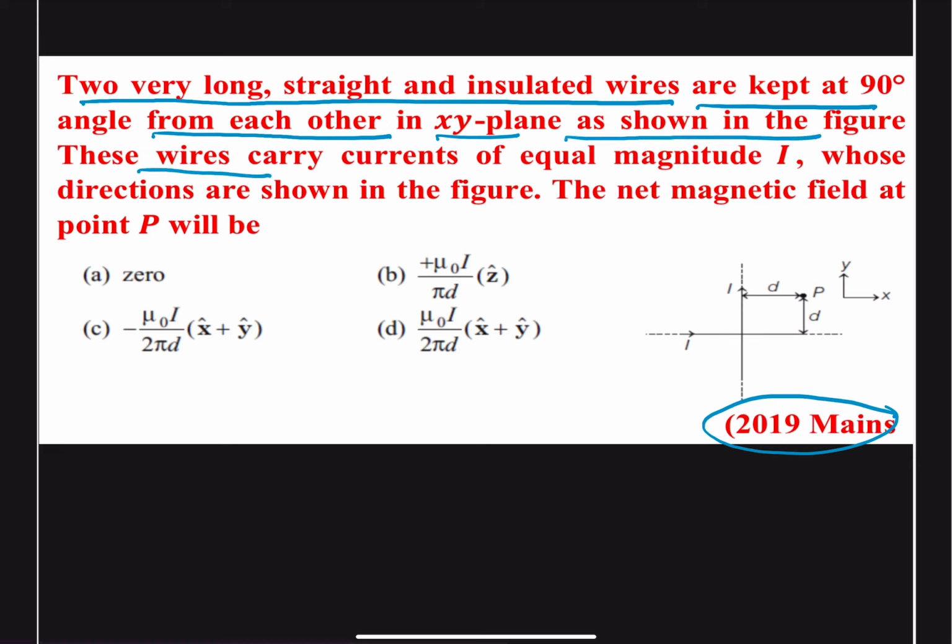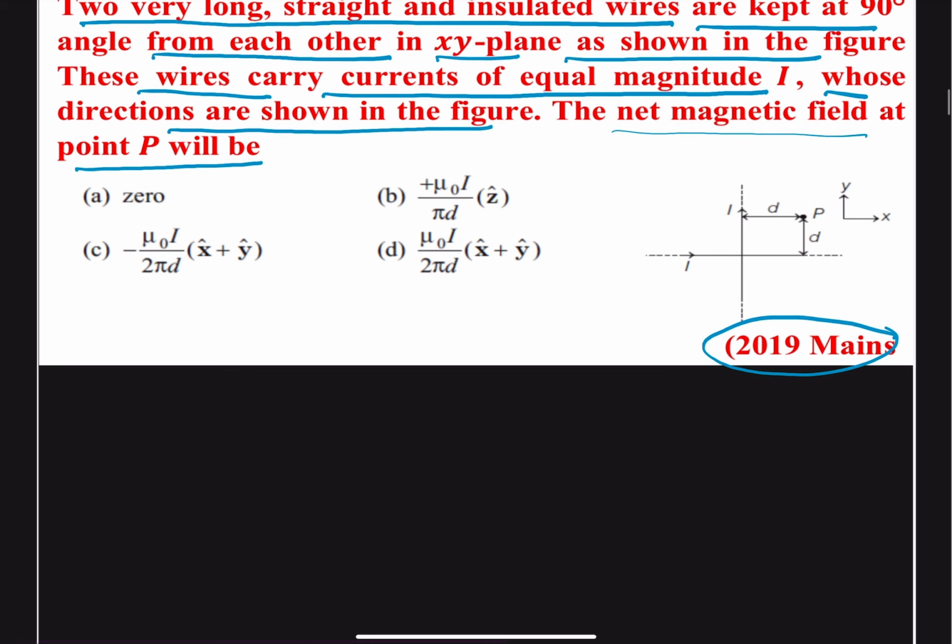These wires carry currents of equal magnitude I whose direction are shown in the figure. The net magnetic field at a point P will be. So we have two infinite wires and each carrying current I, and we have to find out the net magnetic field at this particular point, that is our P.